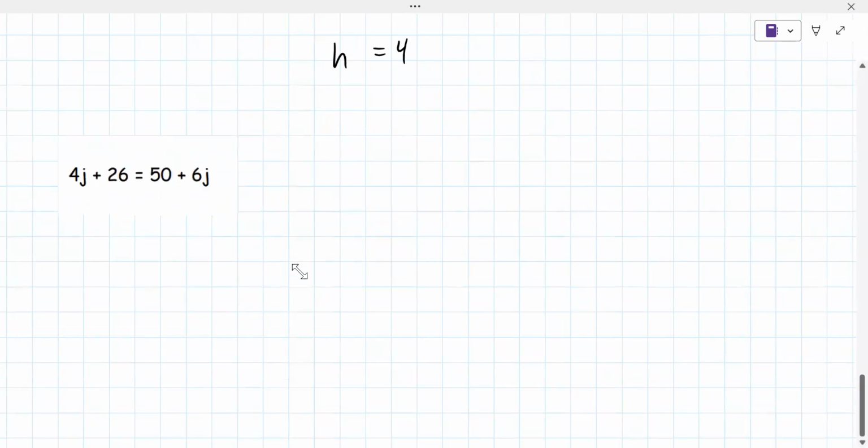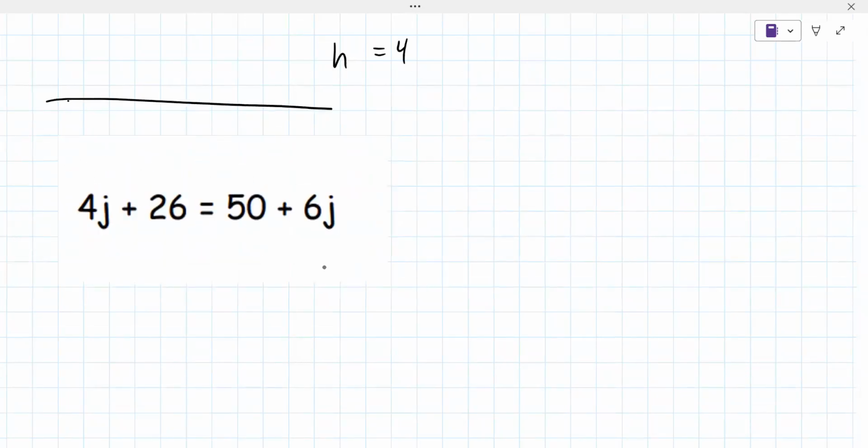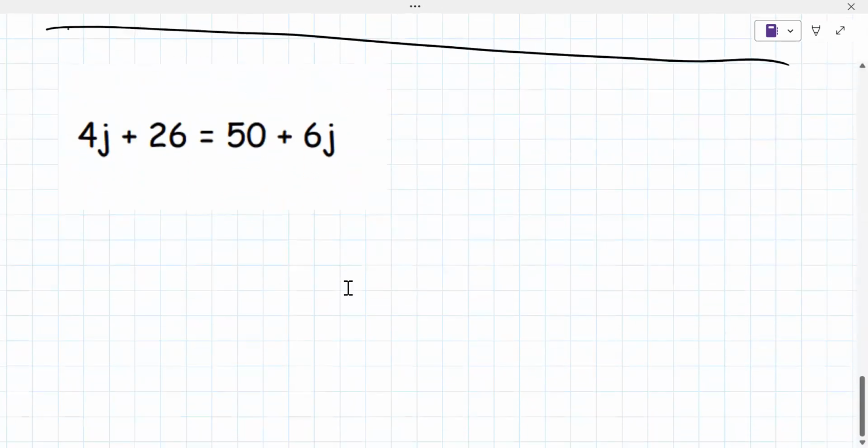All right, let's take a look at another one here. Notice that there are variables on both sides of the equation. So you would subtract 4j from both sides, the smaller 4j from 6j?